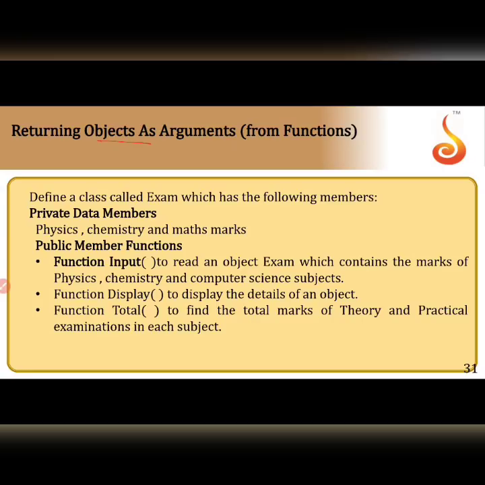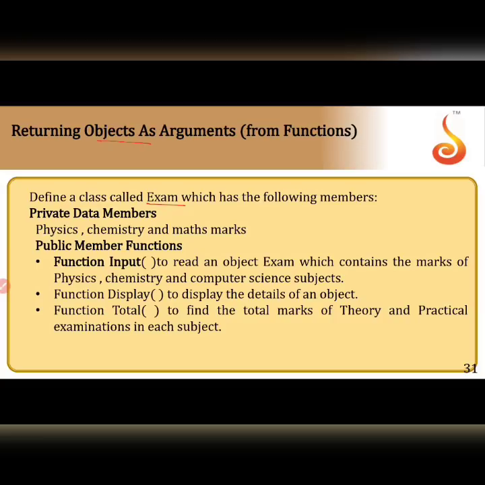What does it say? Define a class called exam. So the name of the class is exam, and data members are physics, chemistry and mathematics. Same way, the member functions are input, display and total. So what does the input function do?